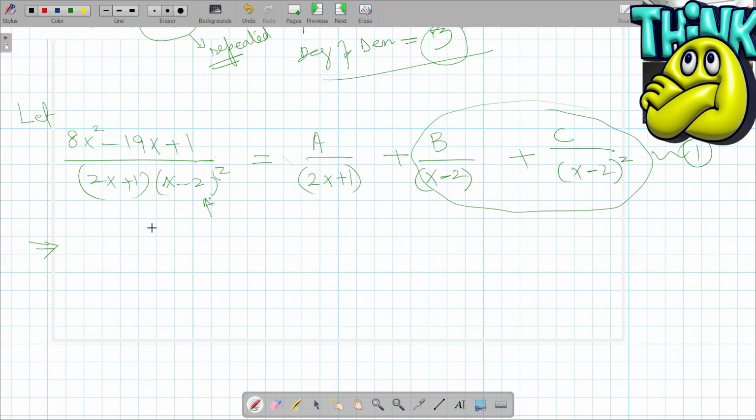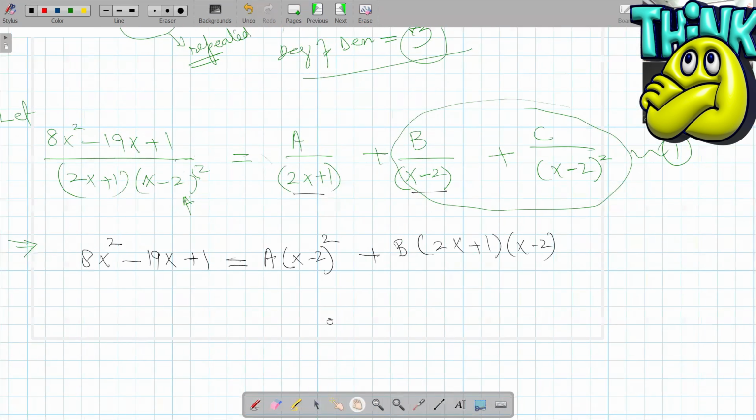Next is to form the second equation by multiplying the denominator on both sides. Only the numerator will be left on the left side and 2x plus 2 will be cancelled. So a will be multiplied with x minus 2 squared. The x minus 2 will be cancelled, so b will be multiplied by 2x plus 1 and x minus 2 power 1.